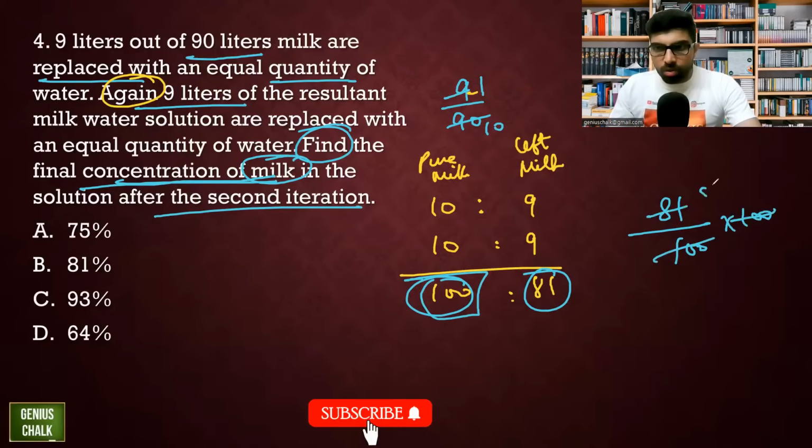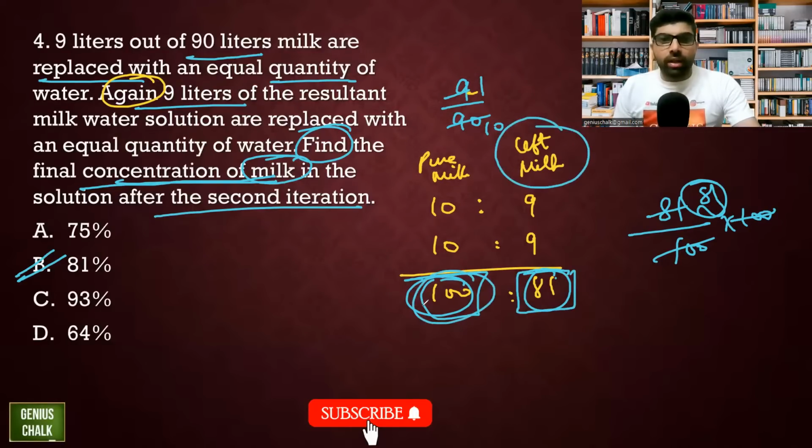It is 81. So answer is B option. I hope it is clear. 81 is the quantity of milk left, and it was 100. So from 100 it is 81. That means it has become 81%. This is my answer, right?